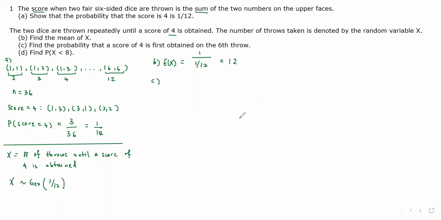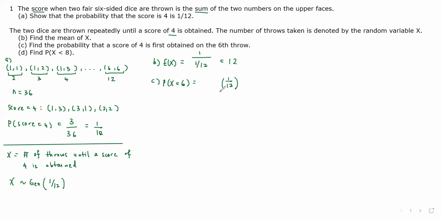Part C, find the probability that the score of 4 is obtained on the 6th throw. On the 6th throw, we have a score of 4 that comes with probability 1 over 12.